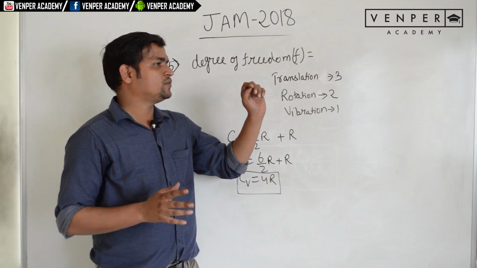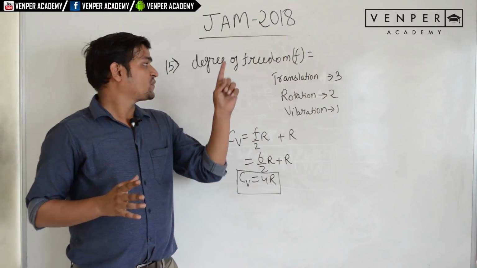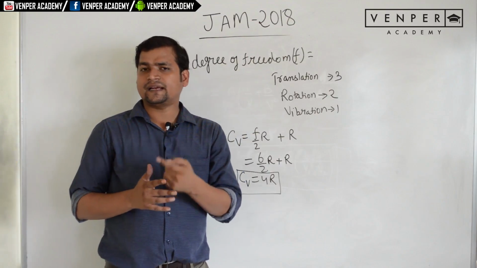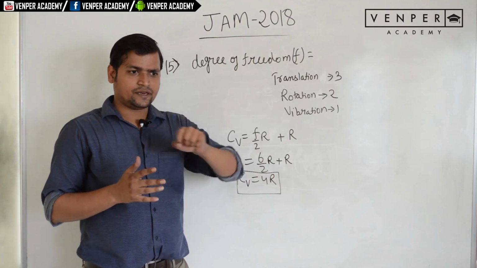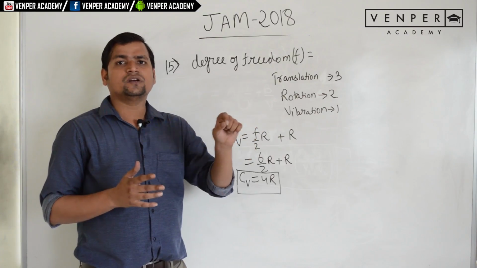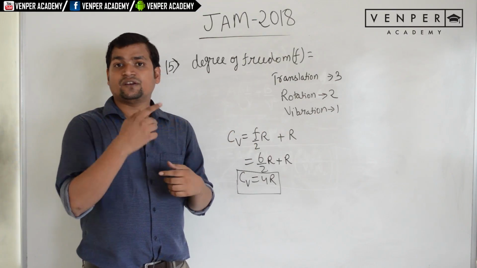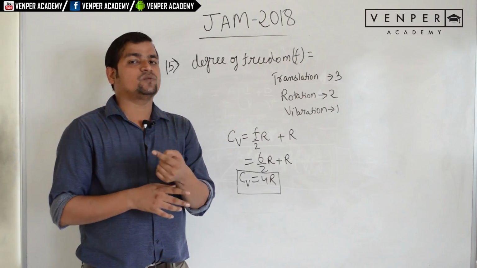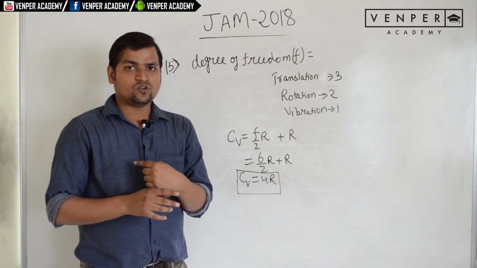If only one vibrational mode is excited, translational has 3 degrees of freedom, rotational has 2, and there is one extra vibrational mode.